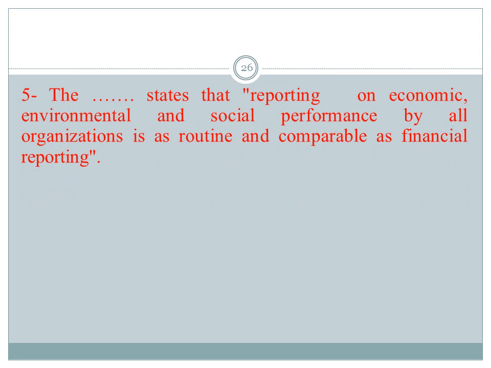Question 5. The framework states that reporting on economic, environmental, and social performance by all organizations is as routine and comparable as financial reporting.